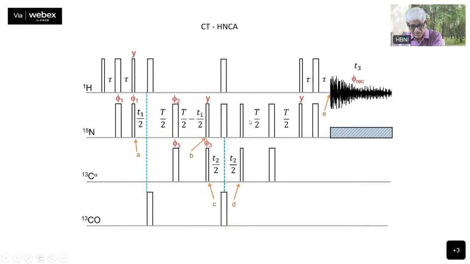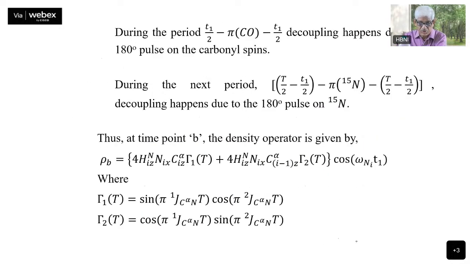And let me explain further that from nitrogen 15, from here to here, this C alpha coupling constant is refocused, and the magnetization therefore remains antiphase with respect to the proton at this point, and the nitrogen magnetization is then transferred by this pair of pulses to the amide protons here, and from the amide protons it is refocused, and you collect the data here, and then you can decouple the nitrogen. So the same thing is read over there.